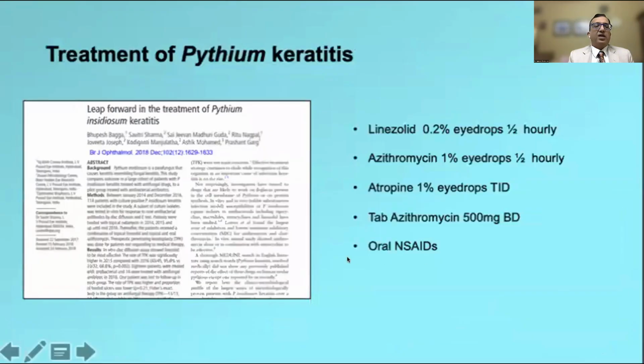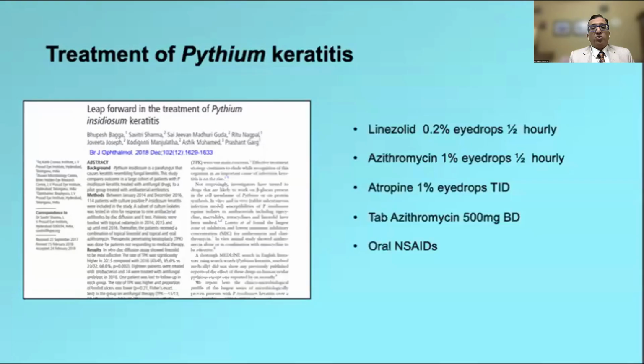But then again, a very important paper was published from L.V. Prasad Eye Institute, Hyderabad in India, where Bagga and his team advocated the use of antibiotics, linezolid and azithromycin, and they found that by using these antibiotics, they could reduce the rate of therapeutic penetrating keratoplasty by more than two-thirds.